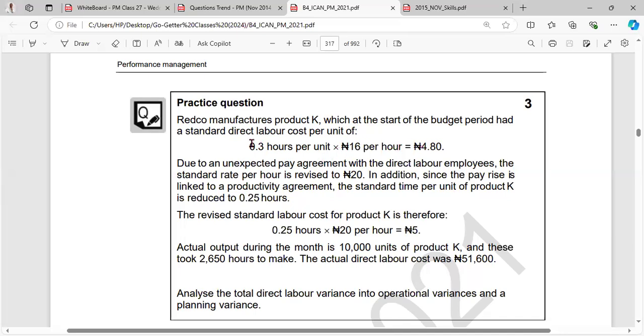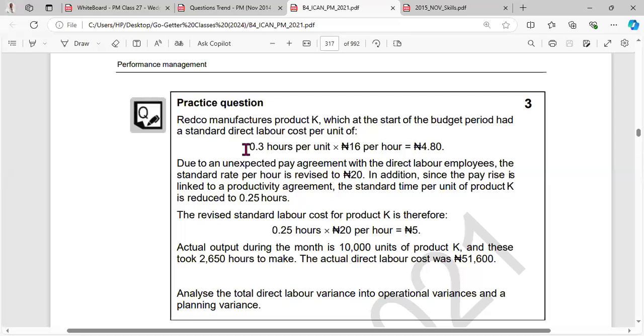Now this is the standard. Due to an unexpected pay agreement with the direct labor employees, the standard rate per hour is revised to 20. So what changed here is the rate from 16 to 20.